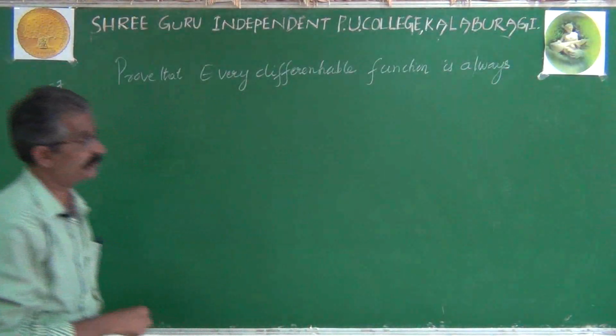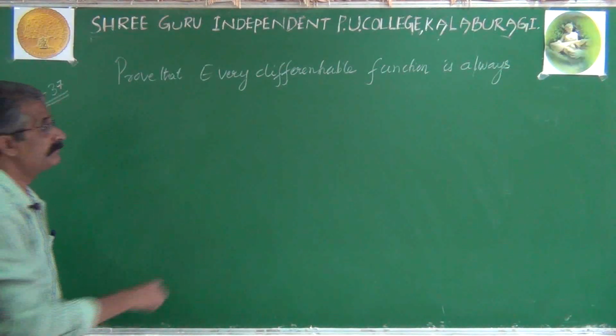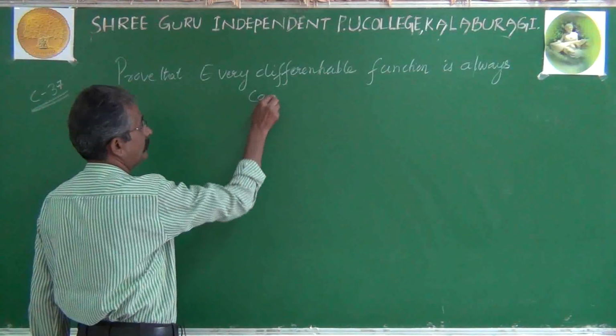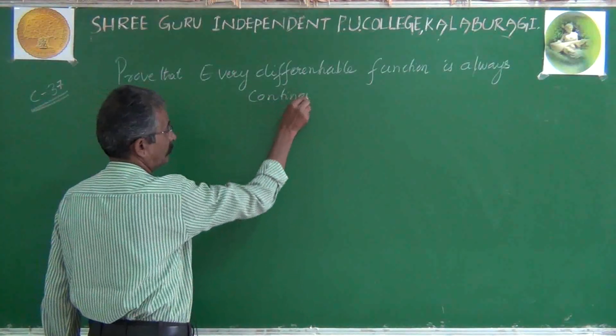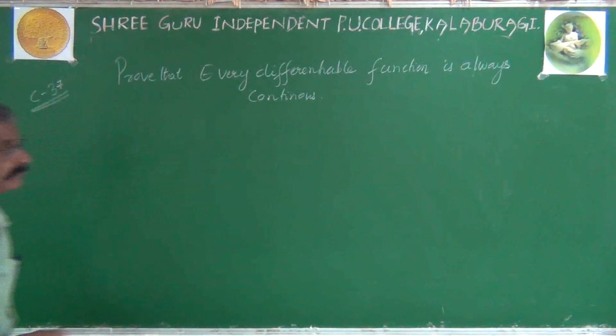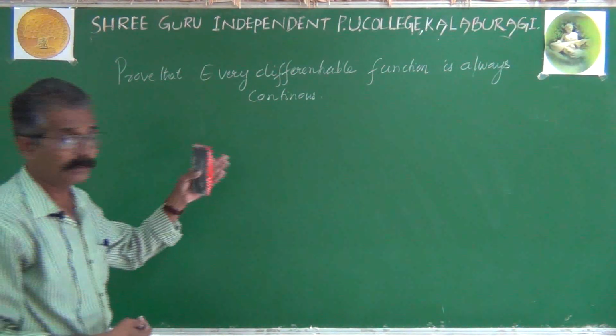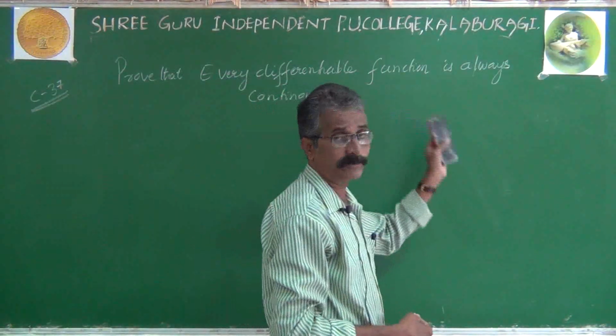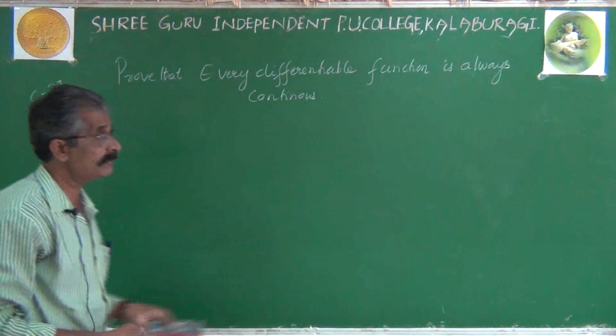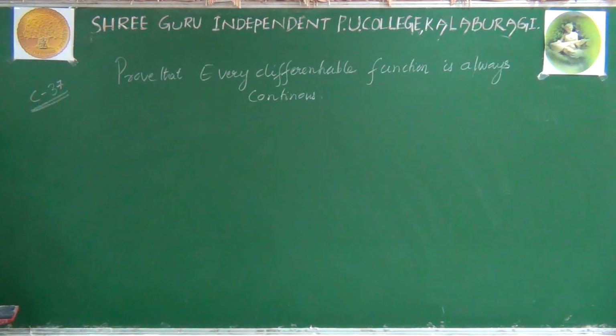Prove that or show that every differentiable function is always continuous. Understood that? In the well-defined domain of the function, it's understood. Or we can say that if a function f(x) is differentiable at point x equal to a, then show that f(x) is continuous at point x equal to a. So let's prove this theorem. Write the proof of this theorem.